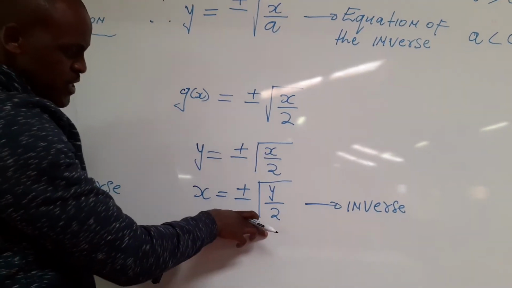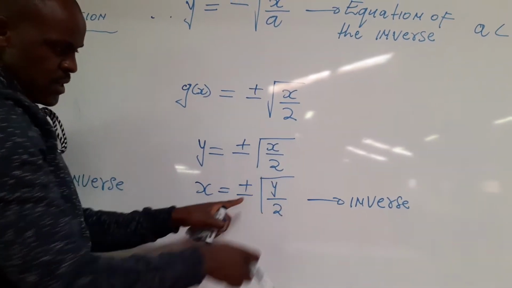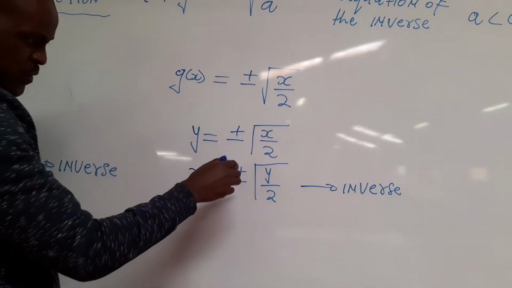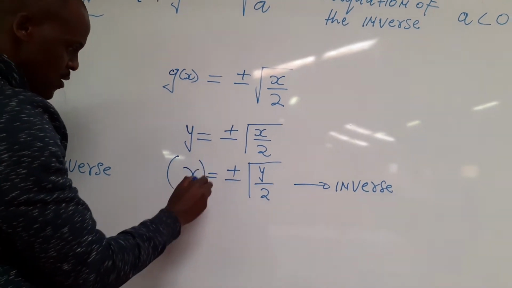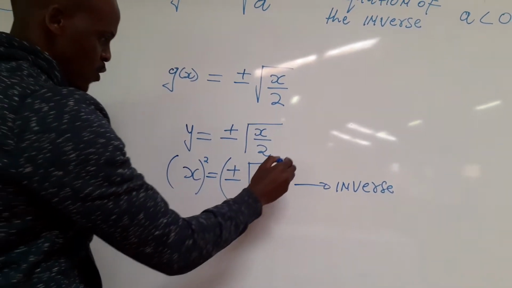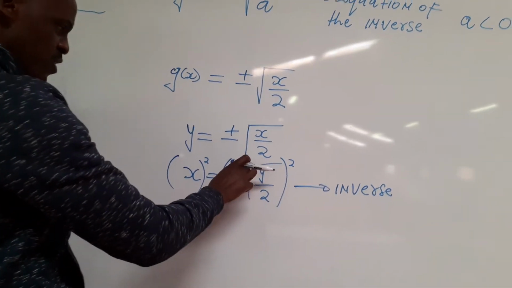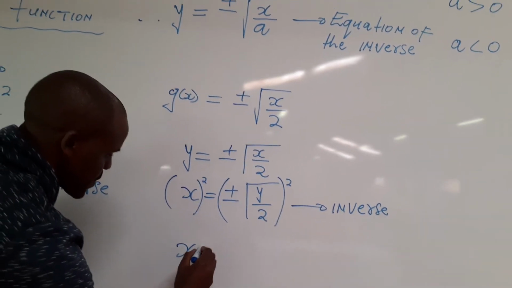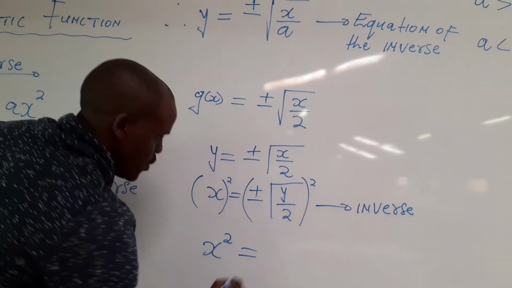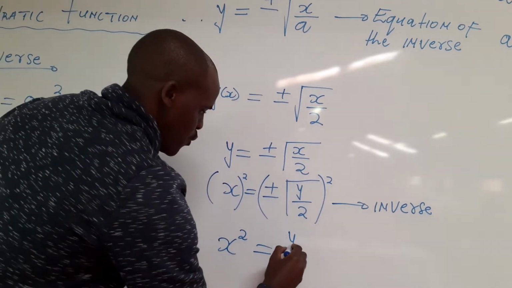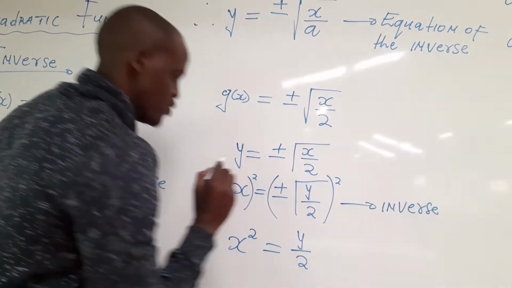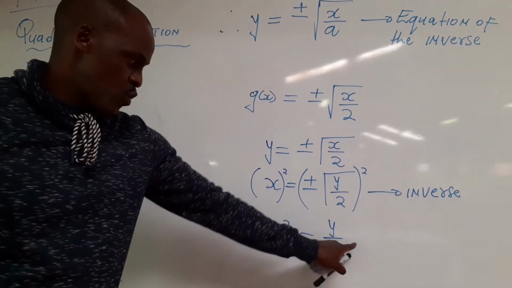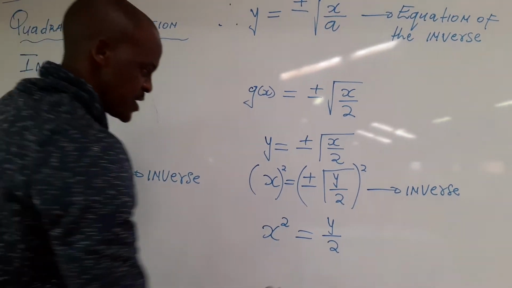In order to find the equation of the inverse, again, we need to make y the subject. For y to be the subject, we are to square on both sides so that we'll get rid of that square root. Here now we are having x squared, which is equal to y over 2. And then we multiply by 2 on both sides so that y will be the subject.